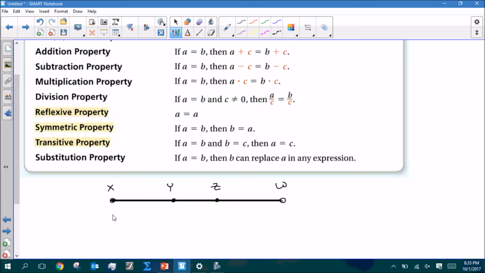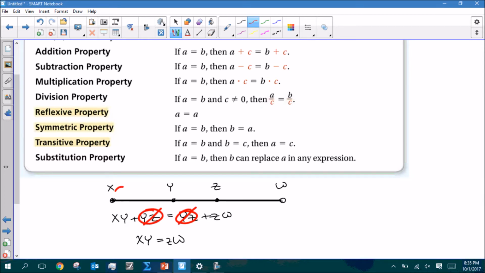If I start with XY plus YZ is equal to YZ plus ZW, the subtraction property of equality says if you have the same thing on both sides, YZ and YZ, let's just get rid of them through subtraction, and you'd be left with XY is equal to ZW, which would be nice information to know.